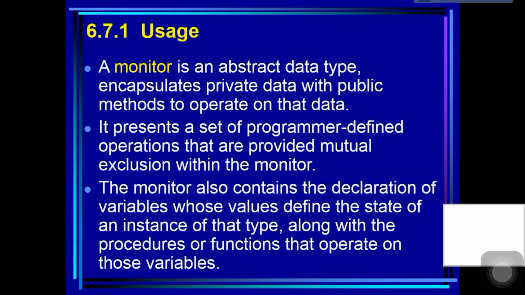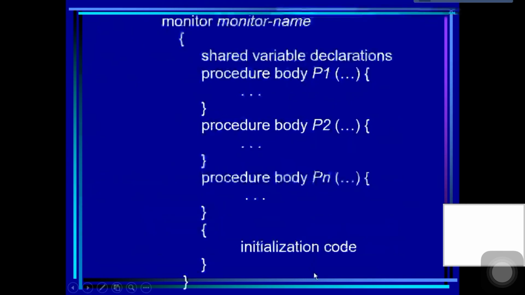The monitor type also declares the variables whose values define the state of an instance of that type, along with the bodies of functions that operate on those variables. The syntax of a monitor type is shown here.